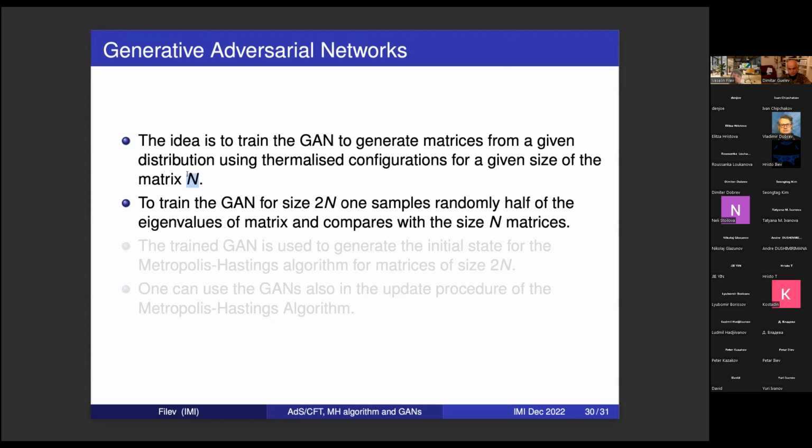And this allows you to actually use thermalized configuration for small N to generate thermalized configuration for larger N. And it doesn't have to be exact, it just has to be close enough so that you skip this first expensive part of the thermalization. You can see this was a matrix model with quartic potential.